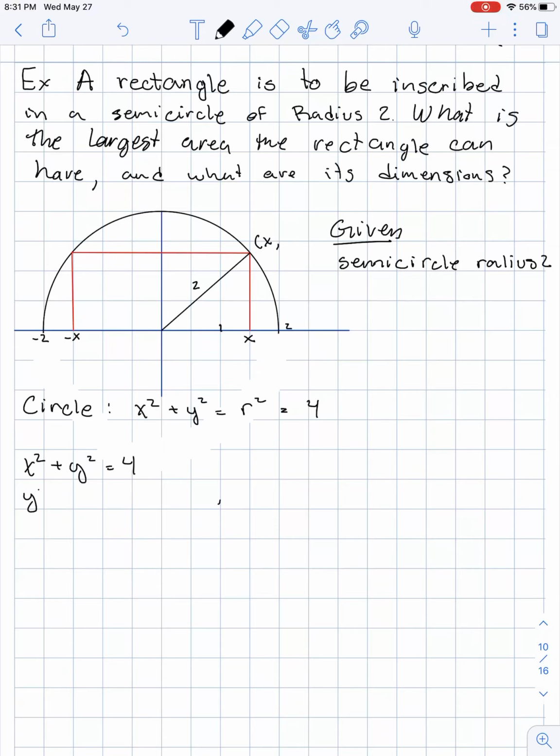Then y squared equal to 4 minus x squared. And then we take the square root. And we only want the positive one because we're like the northern hemisphere. So I only want the positive square root. All right? So that means that this little guy's y is going to be the square root of 4 minus x squared. Okay?